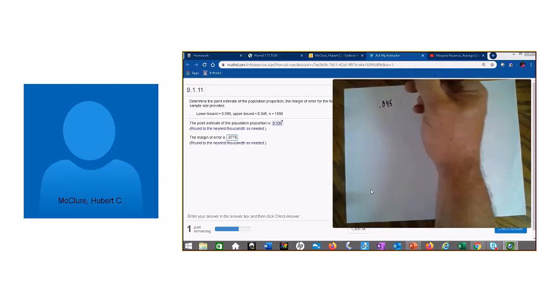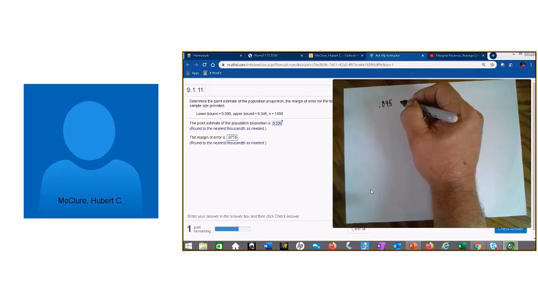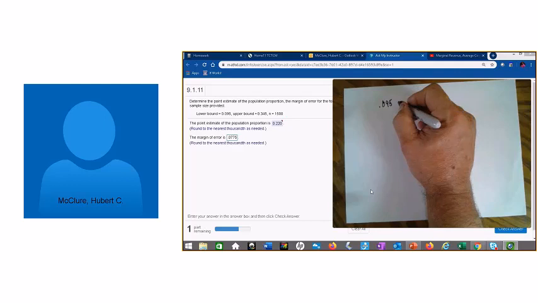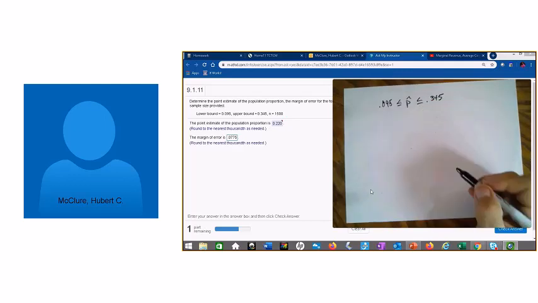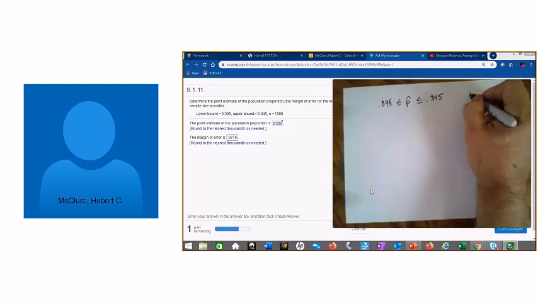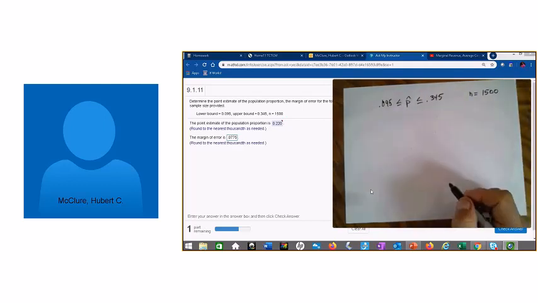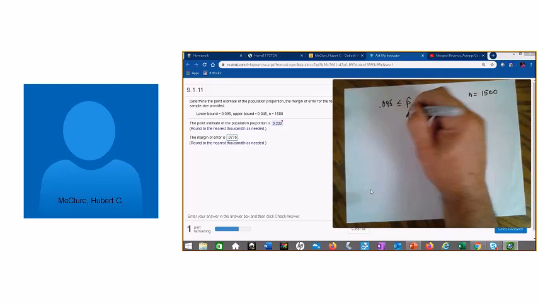This is a test question. 0.095 less than or equal to p hat, less than or equal to 0.345. Okay, and n is equal to 1500. All right, well, first of all, we got to find this.